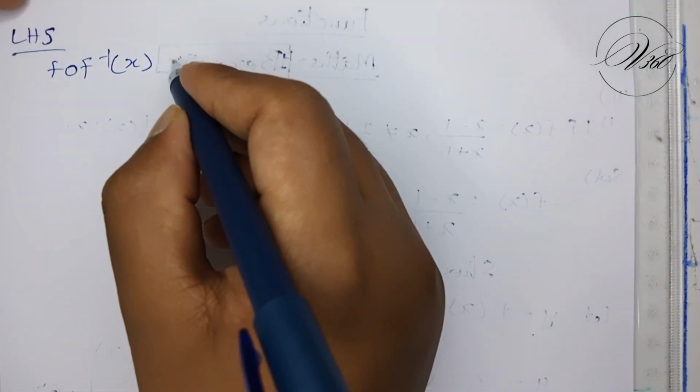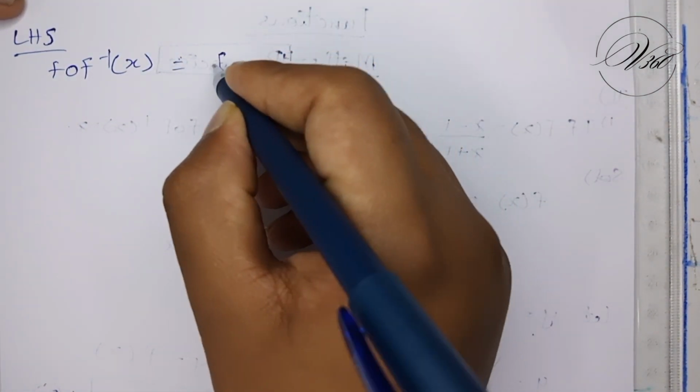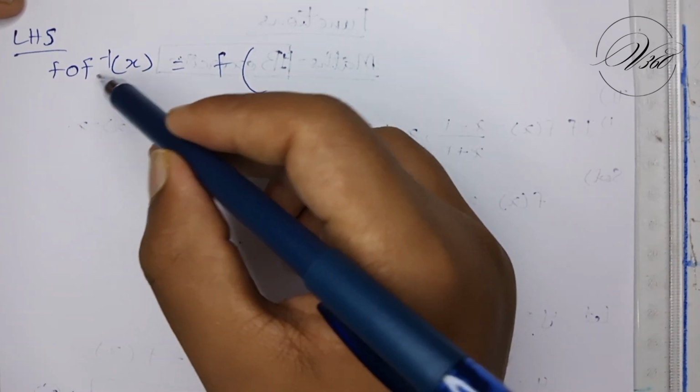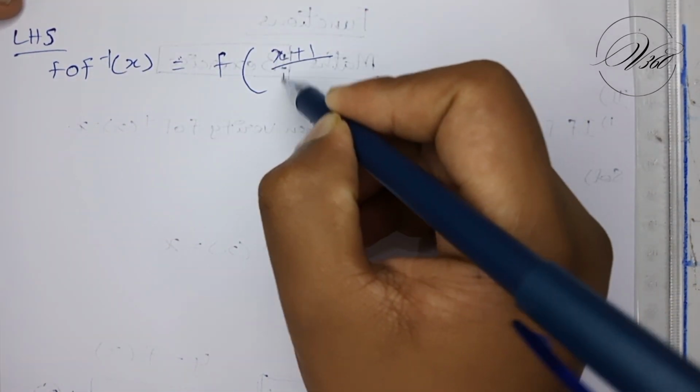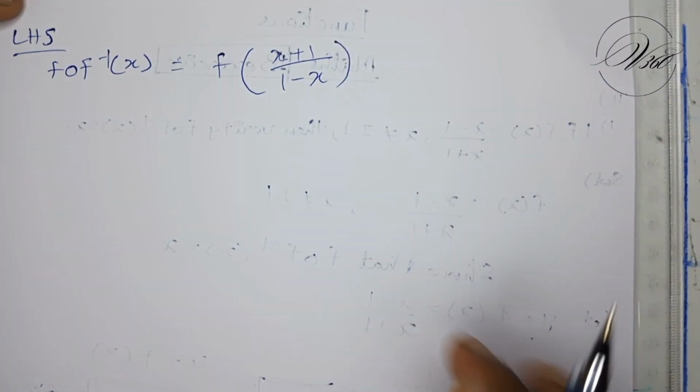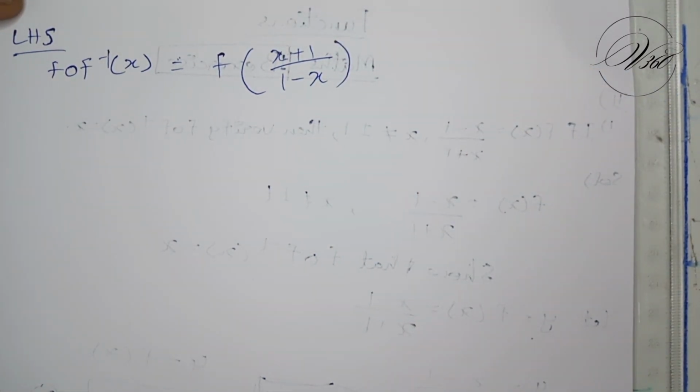Okay, so f of what is f inverse of x, that is x plus 1 by 1 minus x. What is f of x?